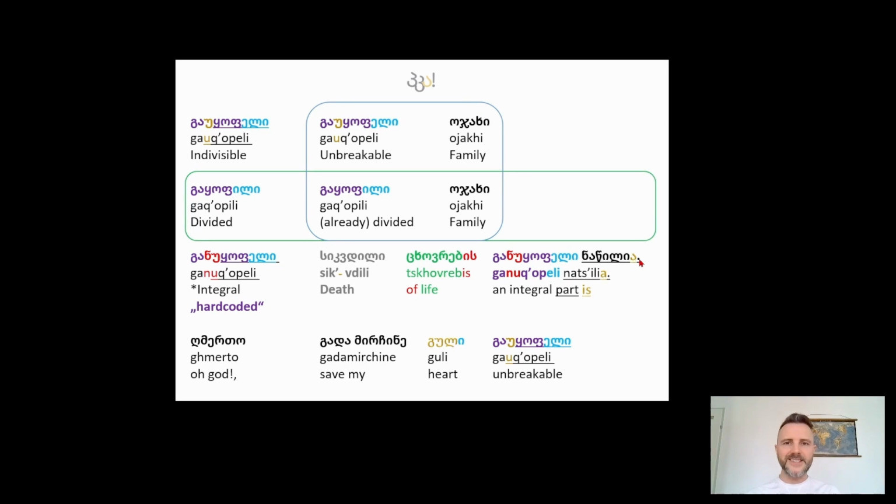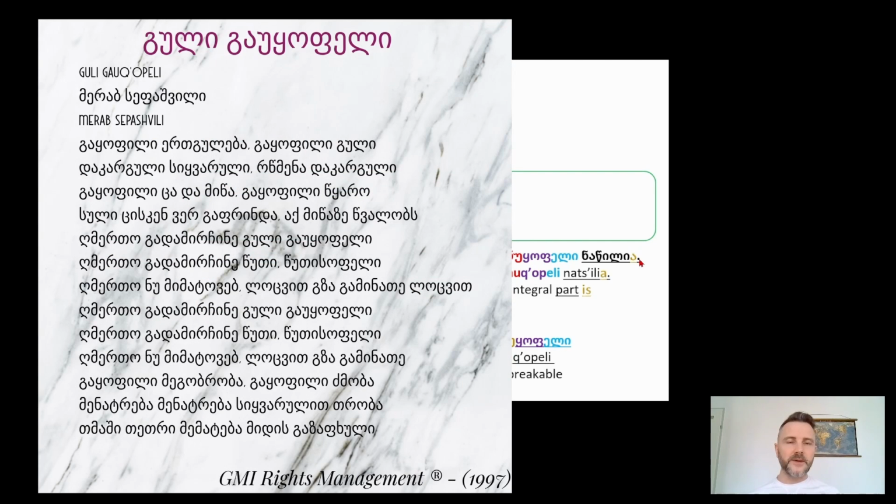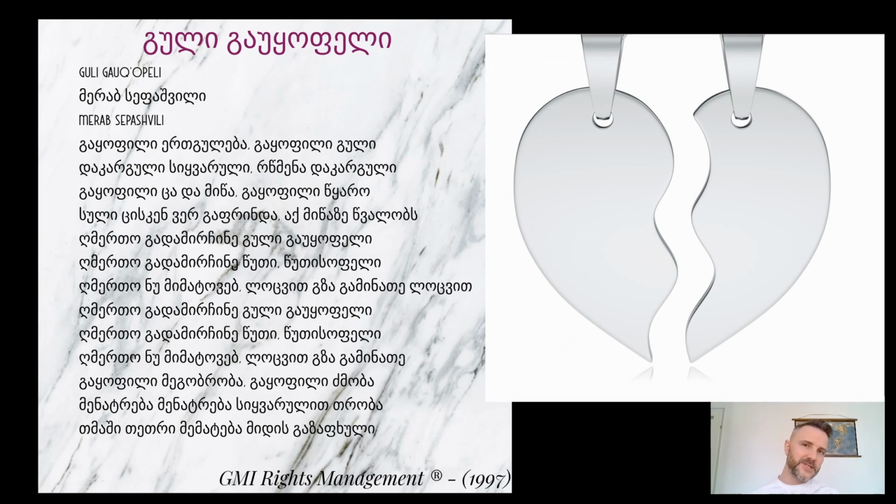Slide 3, and as you can see, no more mathematic acrobatics. Now the acrobatics are linguistic. We're going to take the verb of today, gaq'opa, and the active verb use, gaq'opili, and look at it from one perspective. These are the lyrics to a song that's all about an intact heart. And take a look at this image here.